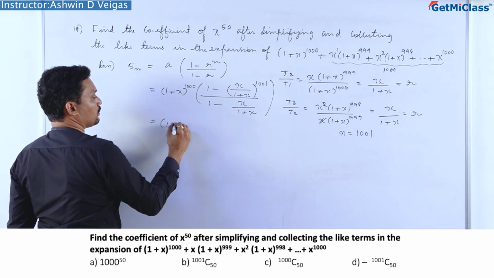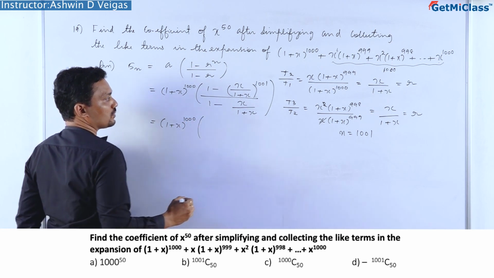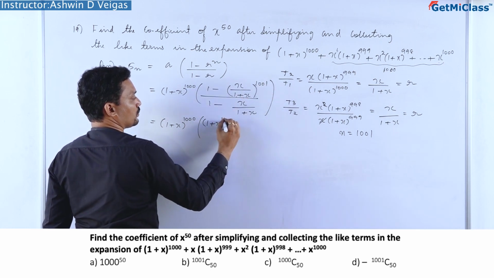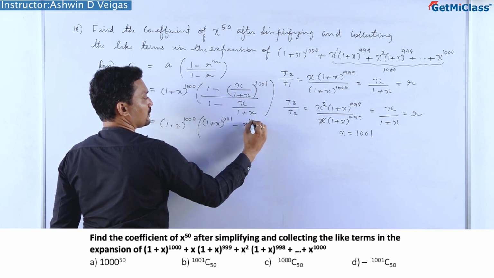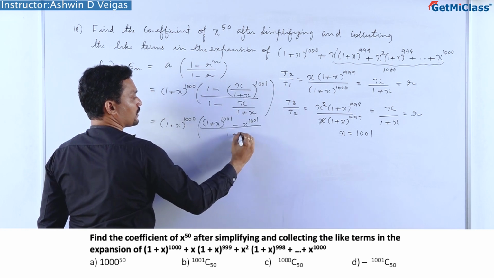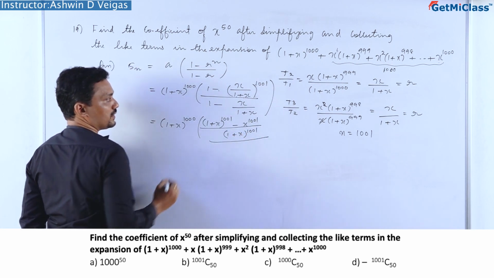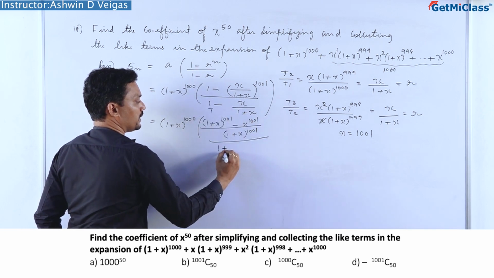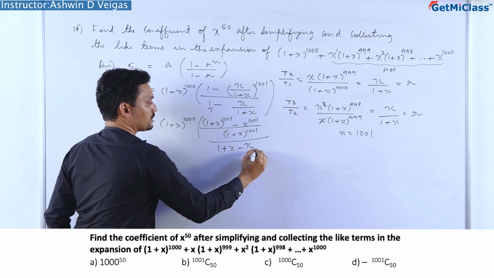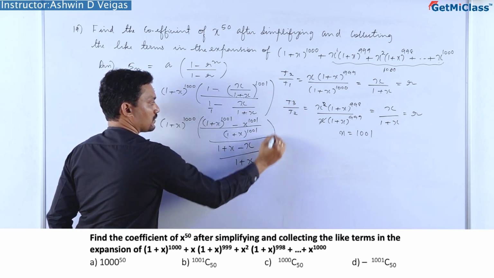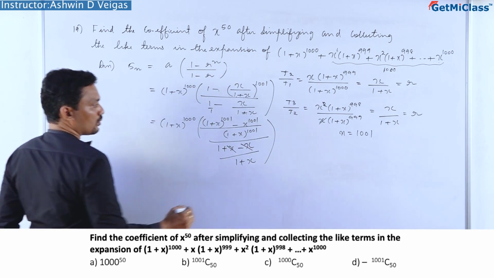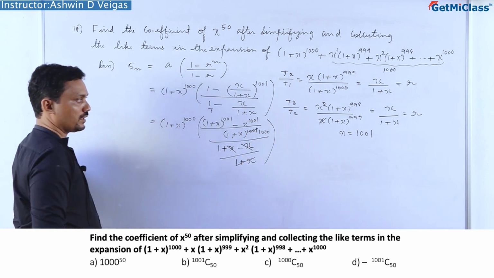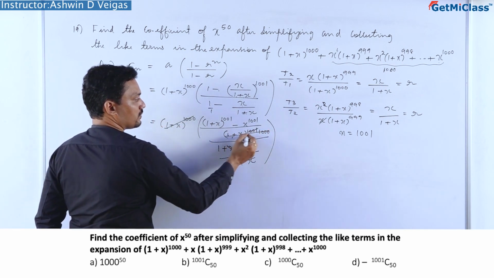Now, if you take the LCM here, this will become (1 + x) power 1001 minus x power 1001, divided by the LCM (1 + x) power 1001. For the other part, taking the LCM, (1 + x) minus x is 1 over (1 + x), so plus x and minus x cancel. Now (1 + x) cancels with (1 + x) power 1001 leaving 1000, and then (1 + x) power 1000 cancels with (1 + x) power 1000.